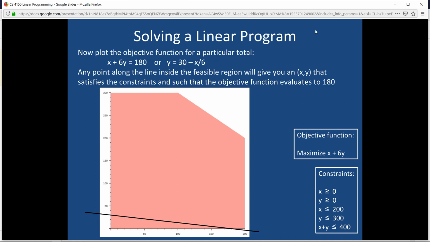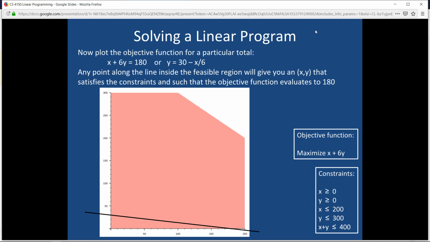So what I've done here is I have just graphed x plus 6y equals 180. I just picked 180 out of thin air. So what can you say about all the points on this line in the feasible region? What's the value of the objective function along this line? 180. It's 180. Okay?